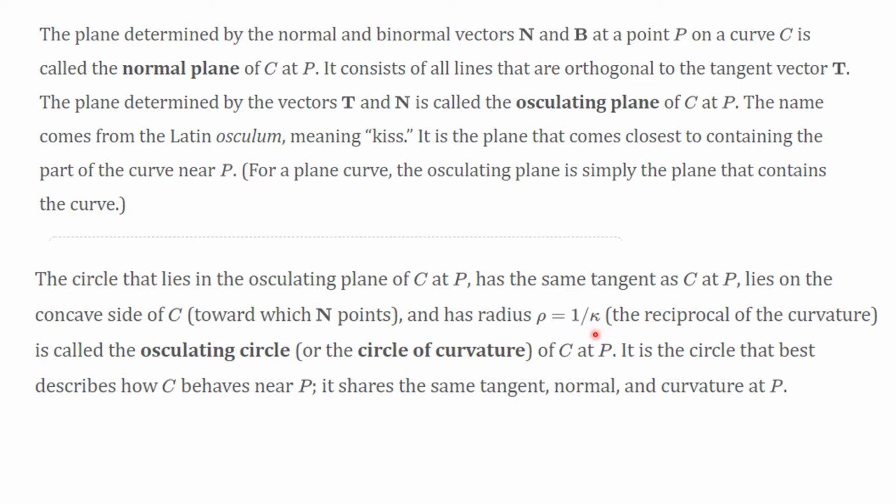That's the reciprocal of the curvature, and this is called the osculating circle, or the circle of curvature of C at P. You see, this gives you a nice geometric way to observe what the curvature is at a given point. It is a circle that best describes how C behaves at P. It shares the same tangent, normal, and curvature at P.